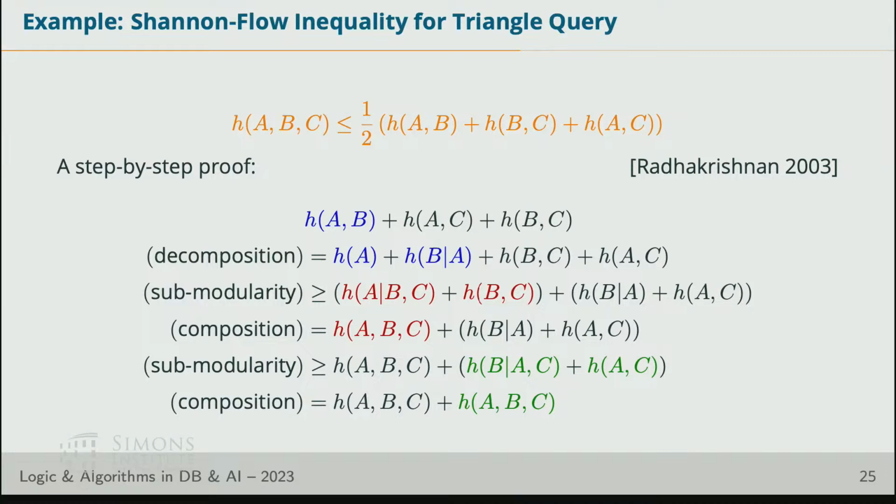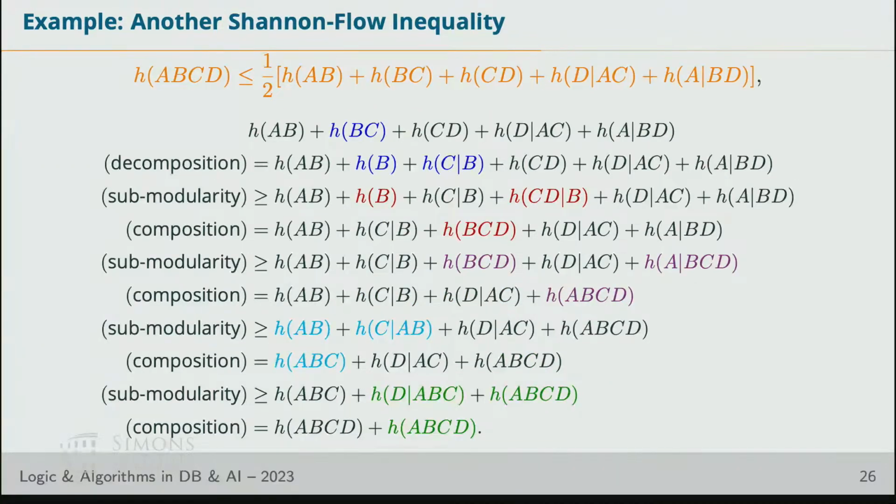Okay, so that's for the triangle query. Now, I'm not going through this in detail, but you can verify at home that this is no longer a Shearer's lemma type of thing, right? This inequality actually holds for all polymatroids on 4 variables. This was from Dan, actually. Dan came up with great examples, as always.